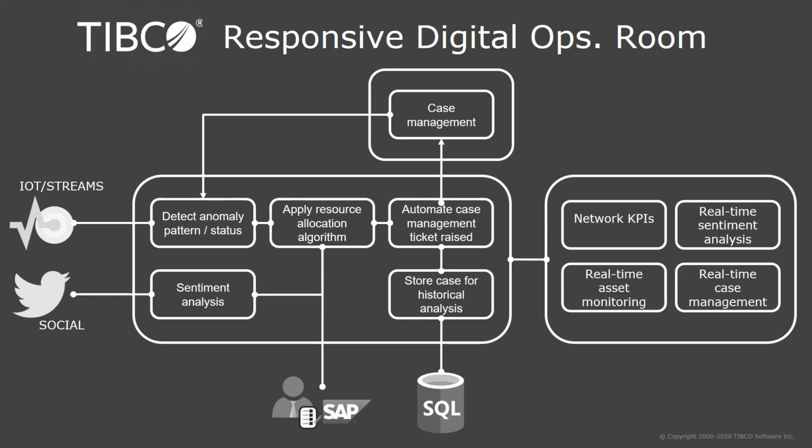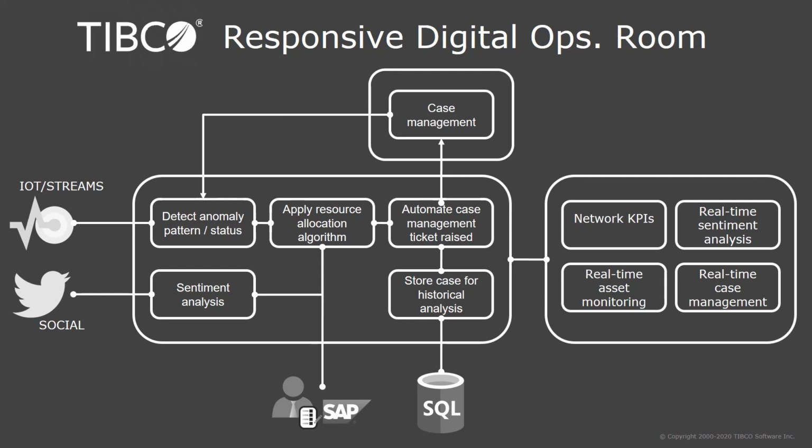Once we identify an anomaly pattern, we can assign a resource based on the type of damage we have identified, based on the anomaly we have identified, and based on the availability, whether the resource is busy working on another job or is currently available to be assigned a ticket right now, based on the overall load he has.